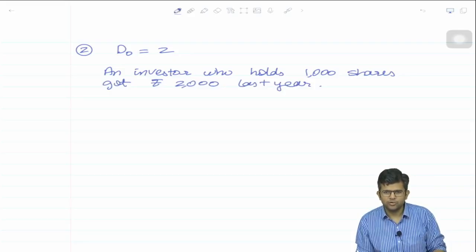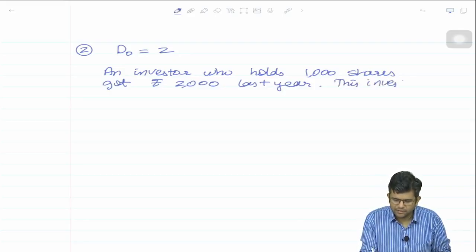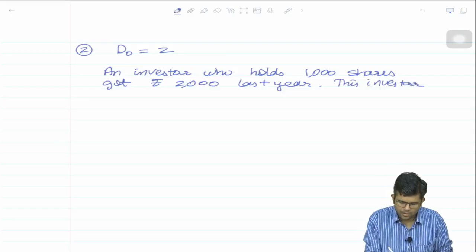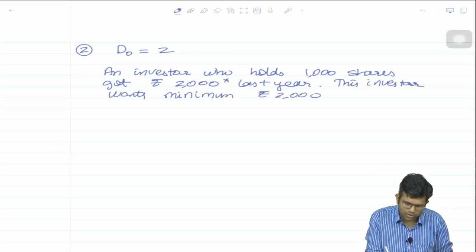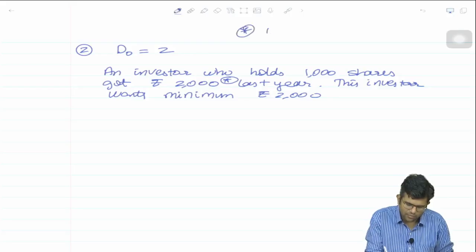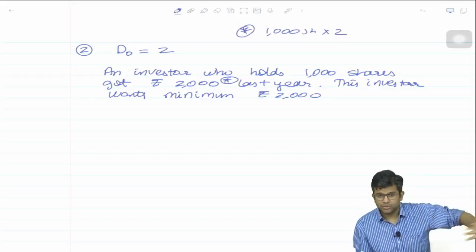1000 shares into 2. This investor wants minimum rupees 2000. Now I'll put a 2000 on this and I will say 1000 shares into 2. That is a different 2000.